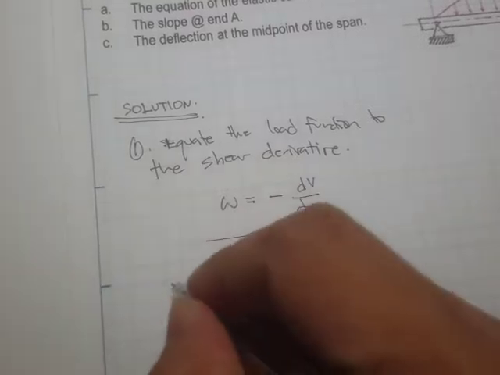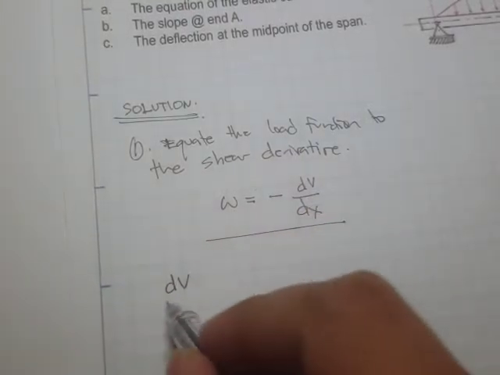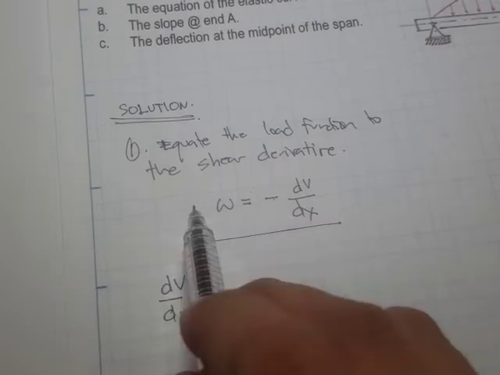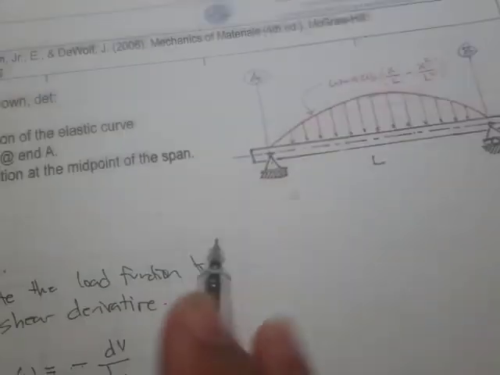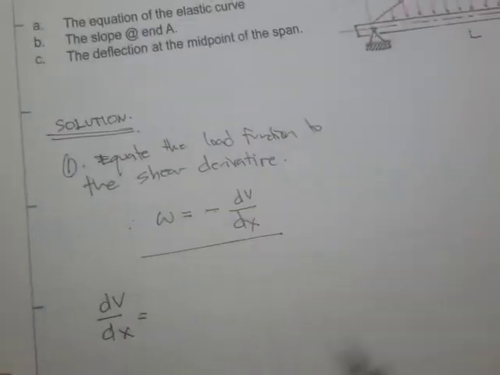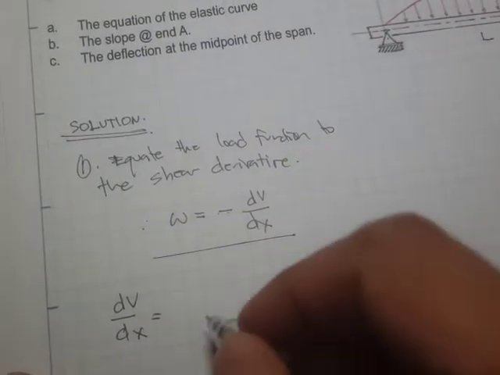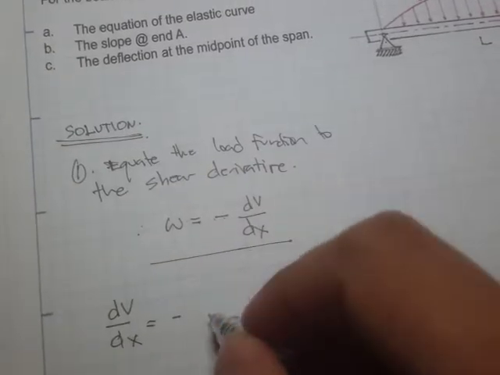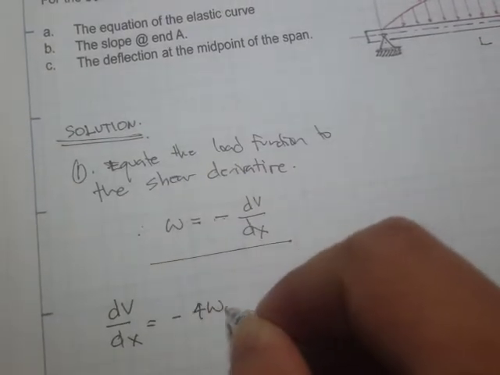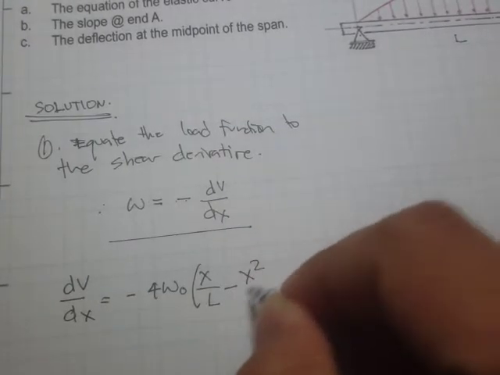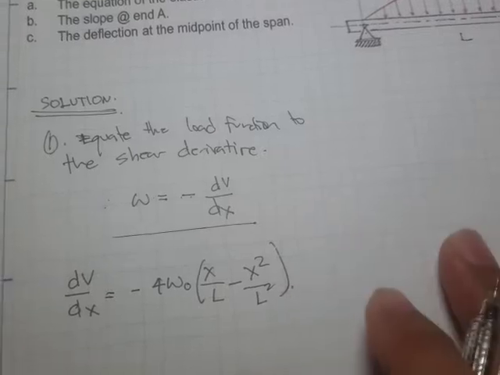So therefore, we can rewrite it as dV all over dx is equal to, if we transpose this to the left hand side and we substitute this expression to this, what we get is actually negative. Okay, so let us just rewrite for now. Okay, x all over L minus x squared all over L squared.